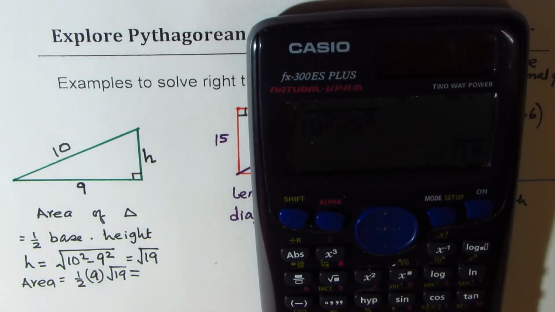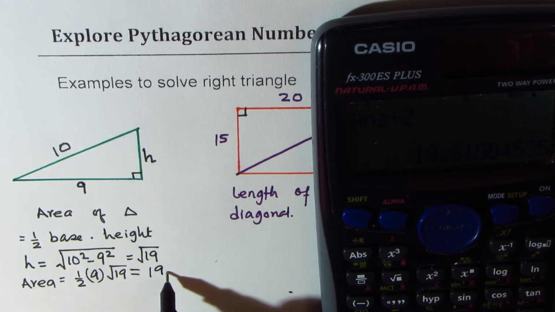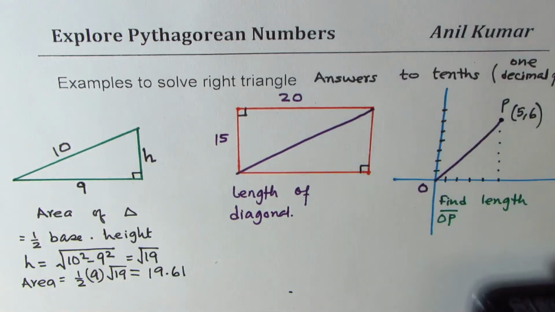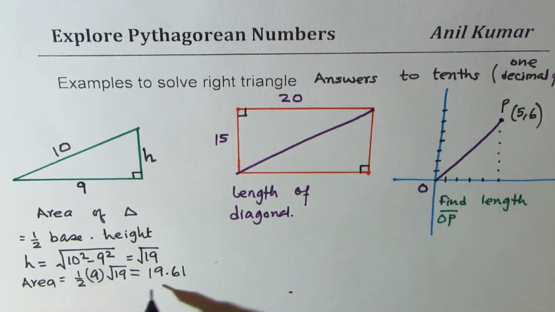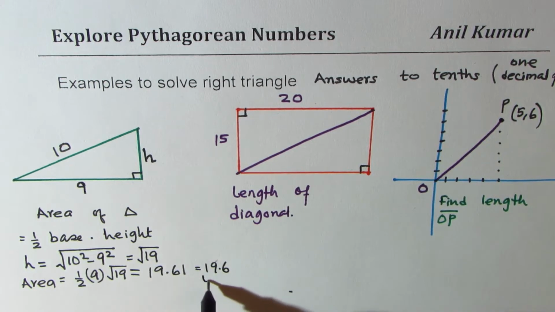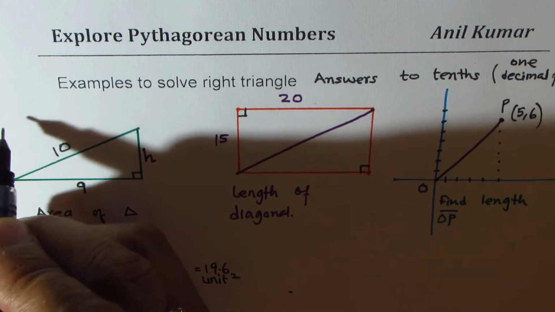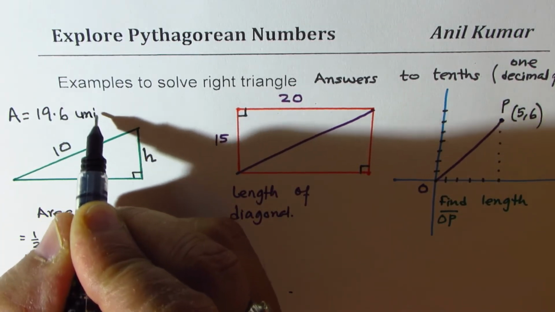We multiply this by 9 and then divide by 2. So we get the answer in decimals as 19.61. Rounding to one decimal place, the answer is 19.6 unit squared. If no units are given, we say unit squared.